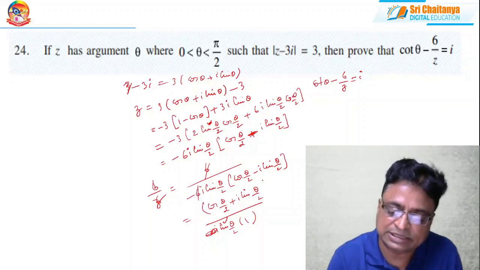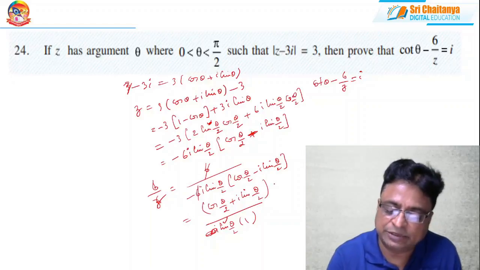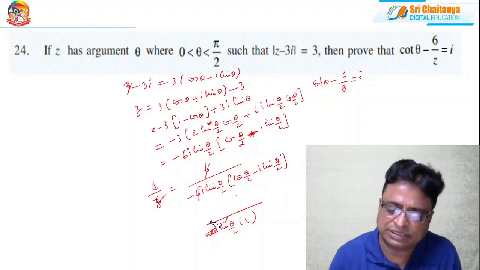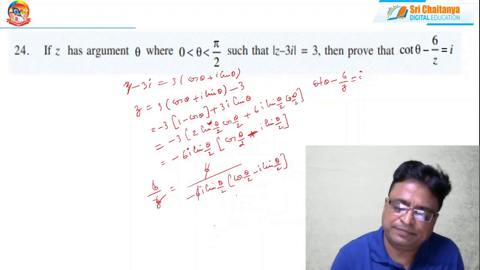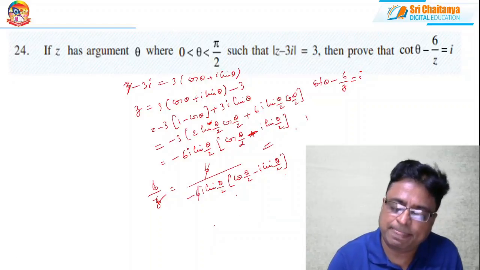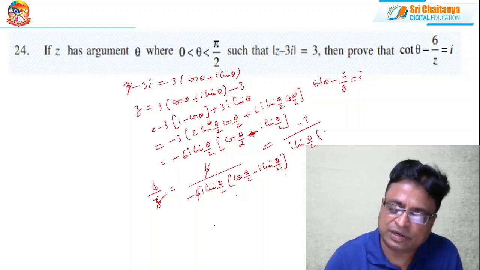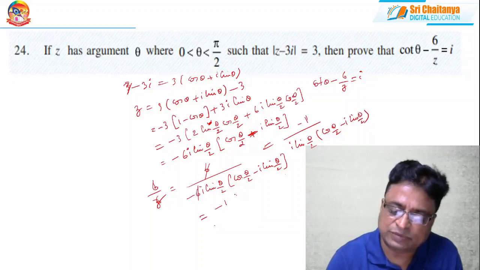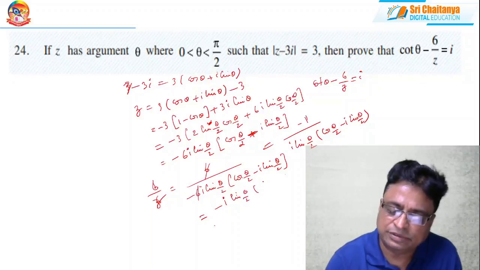So you can get this as what? Or you do one thing. This you can get it what? This is simply, you write this as minus 1 by i sin theta by 2 into cos theta by 2 minus i sin theta by 2. So multiply with minus 1 into minus i sin theta by 2 into cos theta by 2 plus i sin theta by 2.